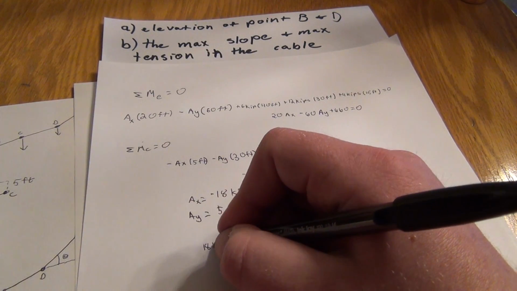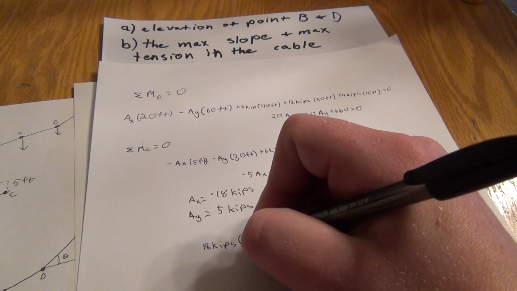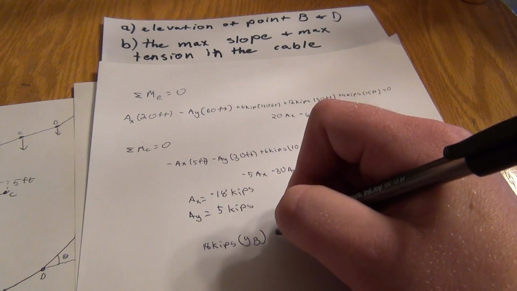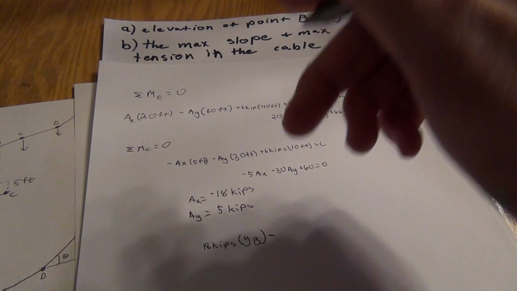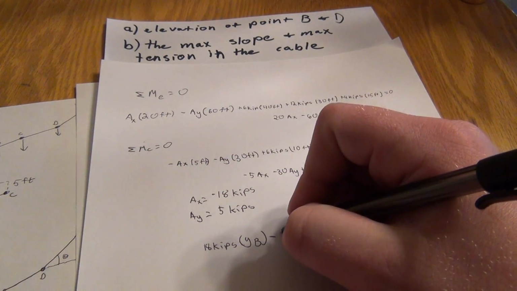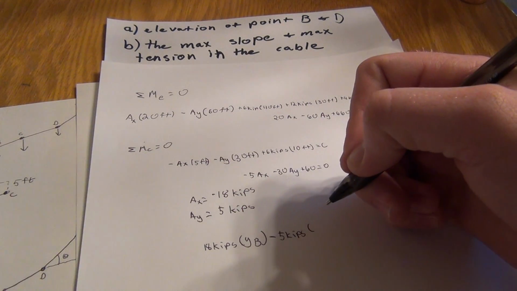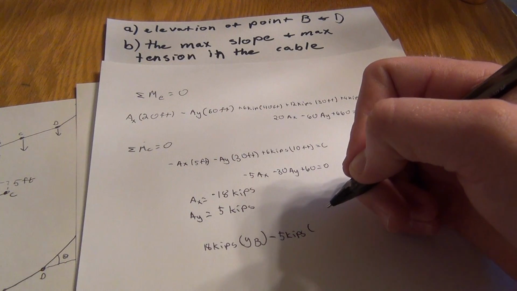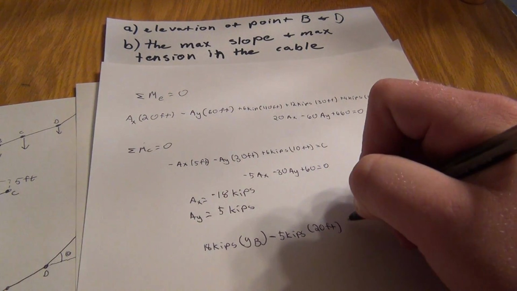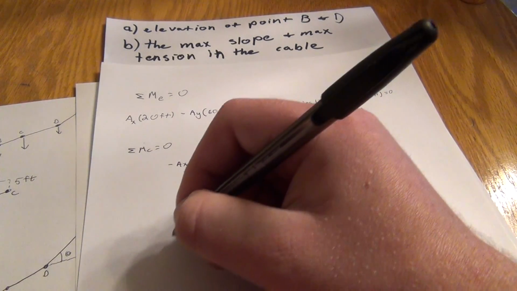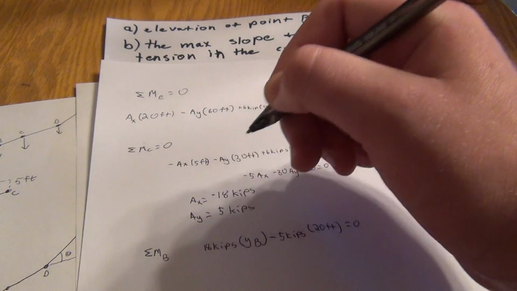So 18 kips applied from that height, YB, minus 5 kips, or our AY, applied 20 feet from B. This is going to equal 0. It's an equilibrium. Let's write down this is moment around B.